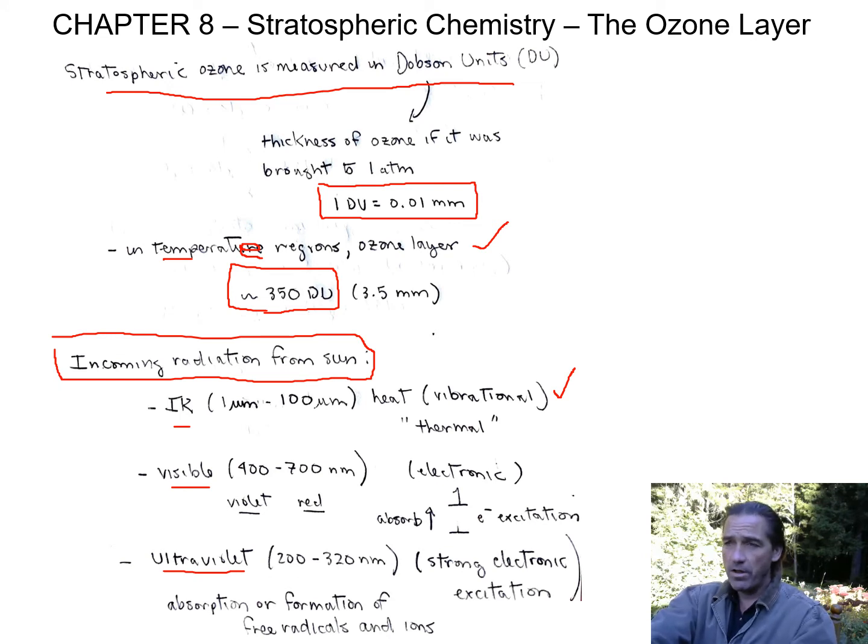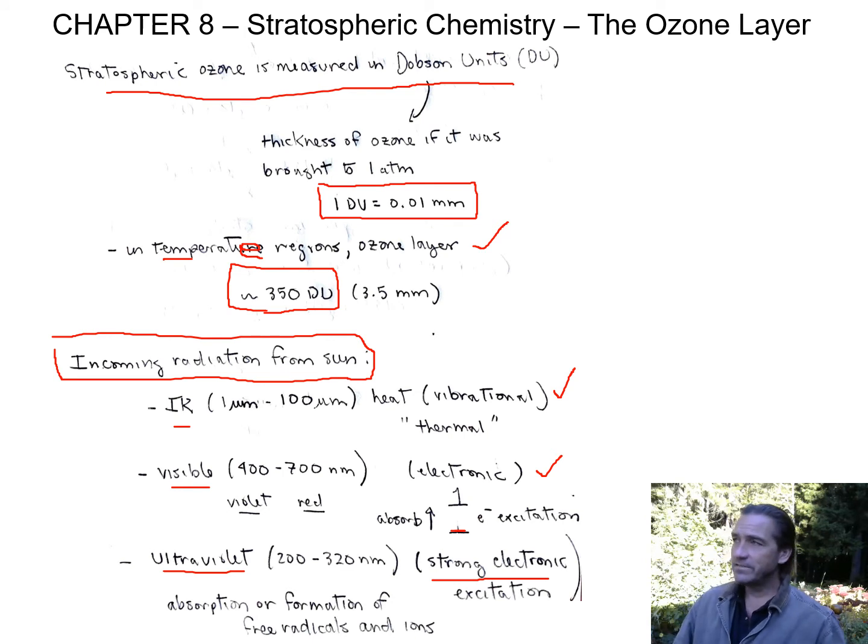In visible, when this light interacts with the molecule, there is electron excitation. We get absorption of that energy and then relaxation back down to what we call the ground state. In ultraviolet, we get the same, but it's a very strong electronic excitation.